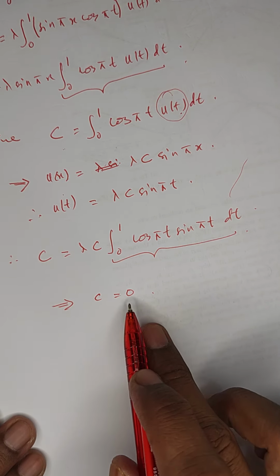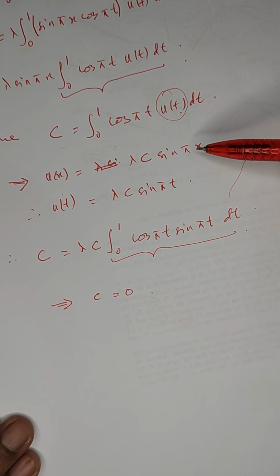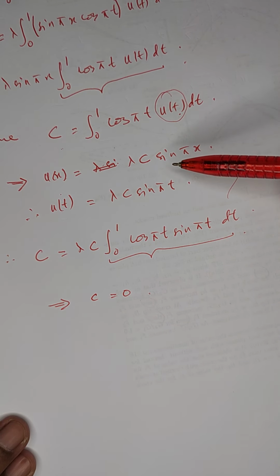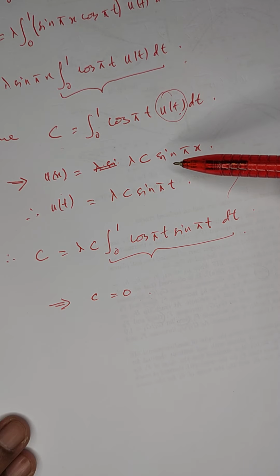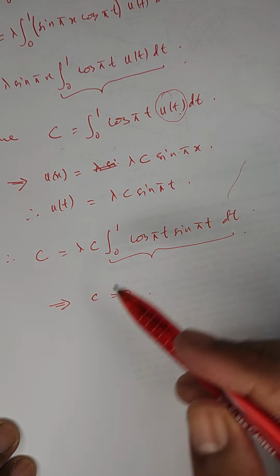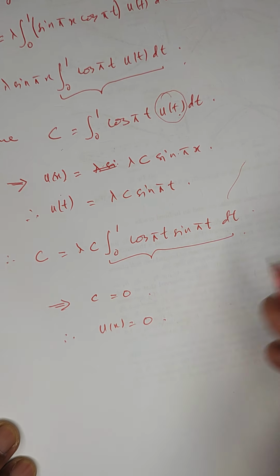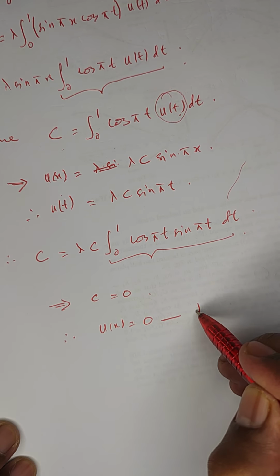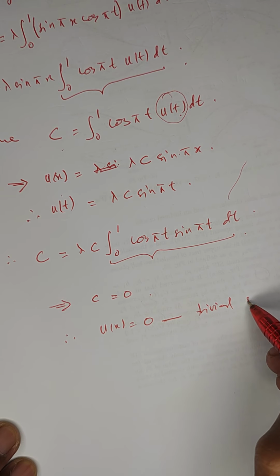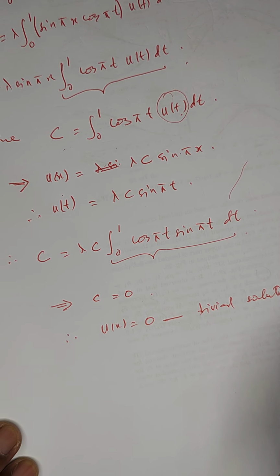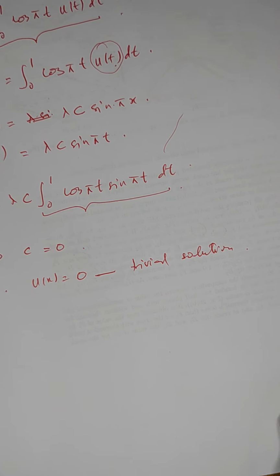And then when c equal to 0, if you substitute into our solution here, our ux is equal to 0. Which means we only have the trivial solution.